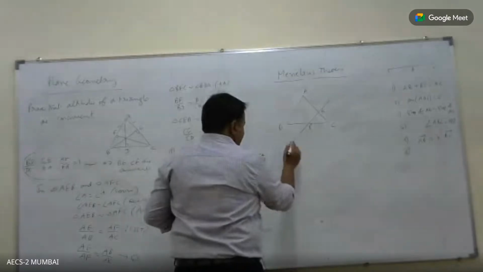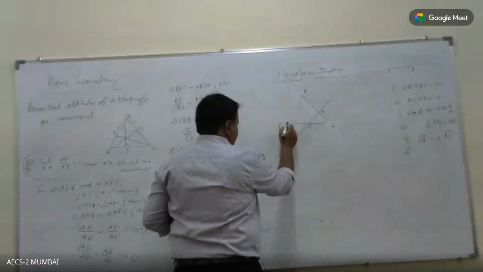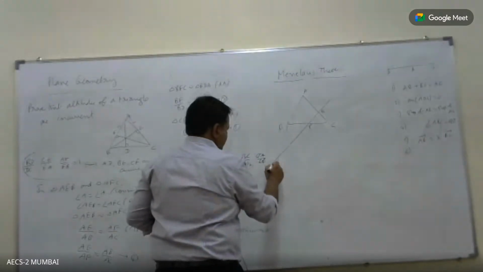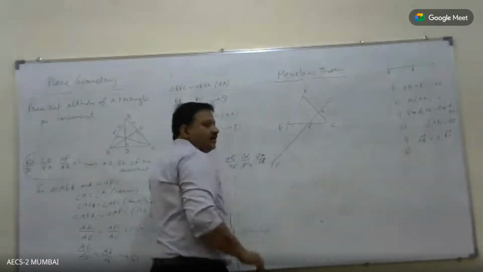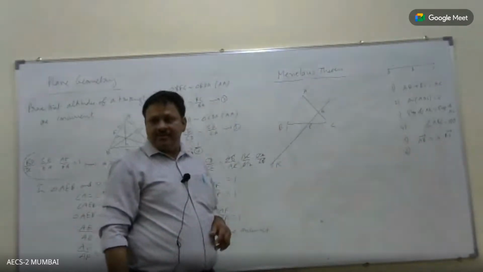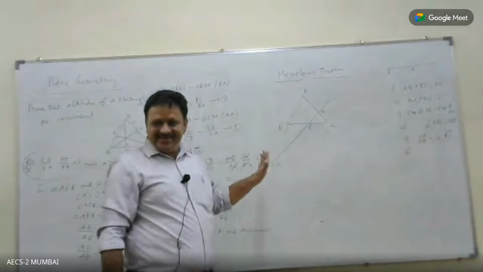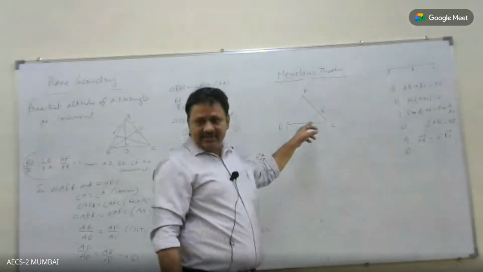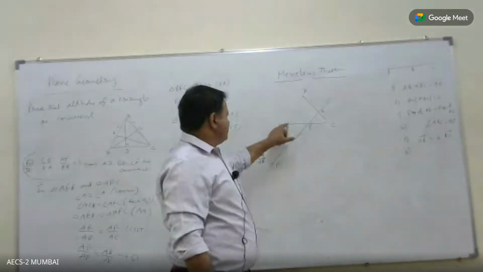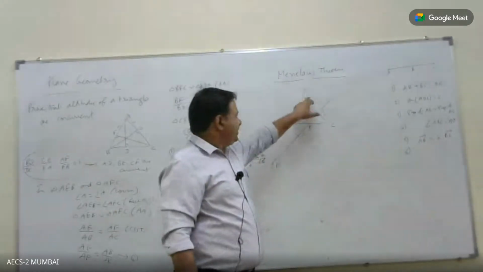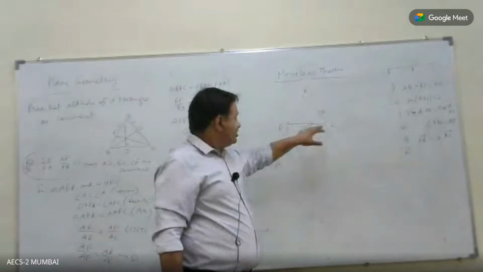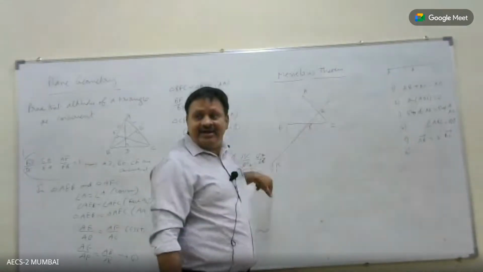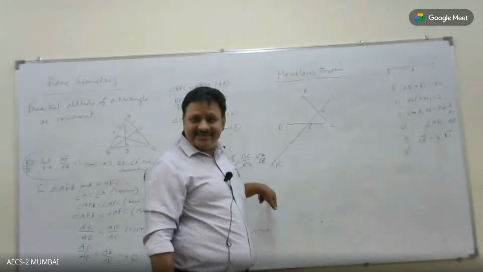Whereas, if I extend, let us say it cuts at R. So, in a triangle, PQ is a transversal that cuts BC at P, AC at Q, and AB at R externally.